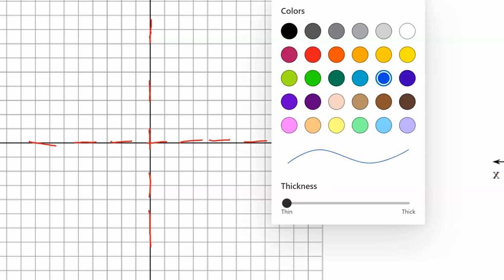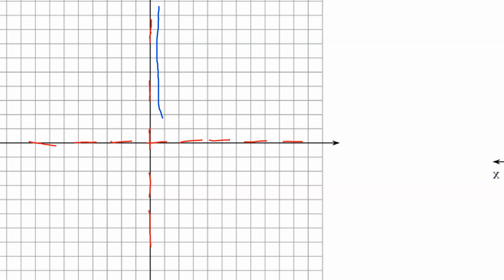And the graph would look like this. This is the parent function of 1 over x. Okay? This is the parent function.